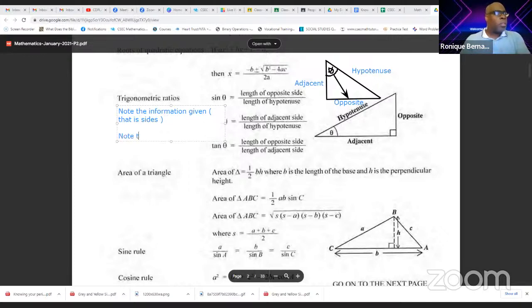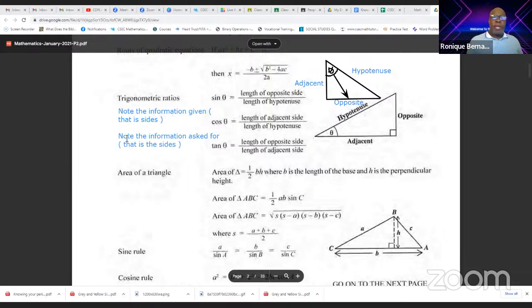Two, note the information asked for. Now they can ask for the angle. If they only give you the sides and ask for the angle, then you have to pay attention to the sides given.